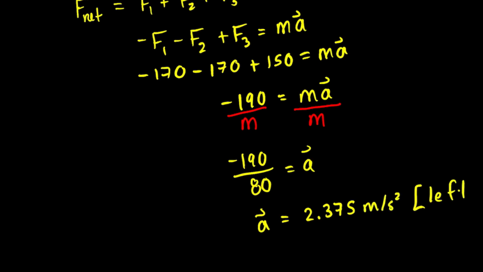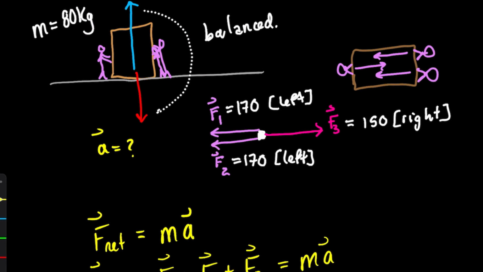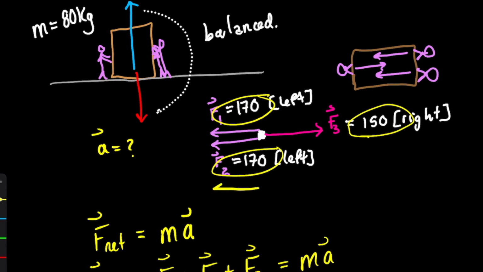And because it's negative, we can associate that with being to the left. Which makes sense because here we had 170, 170 both to the left, which is much greater than just a single 150 to the right. So our acceleration vector should be in the same direction as the net force, which was to the left.